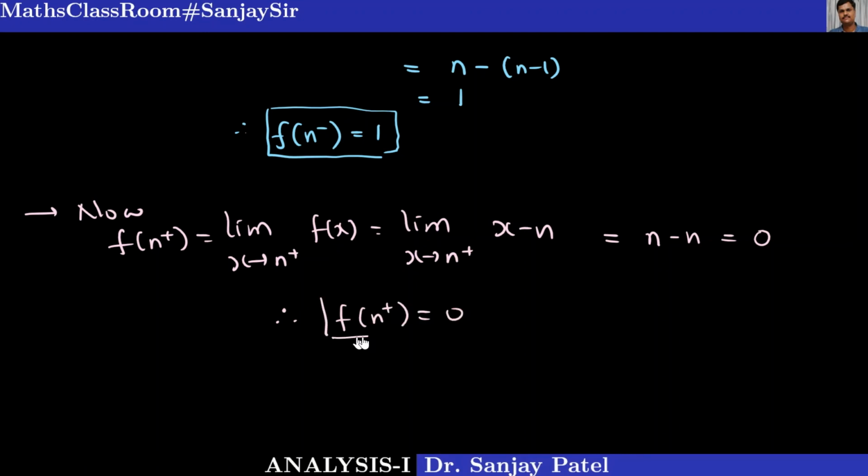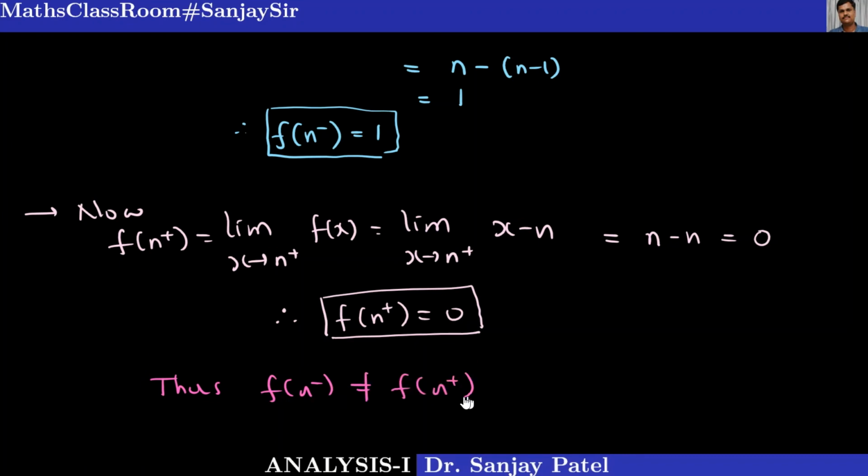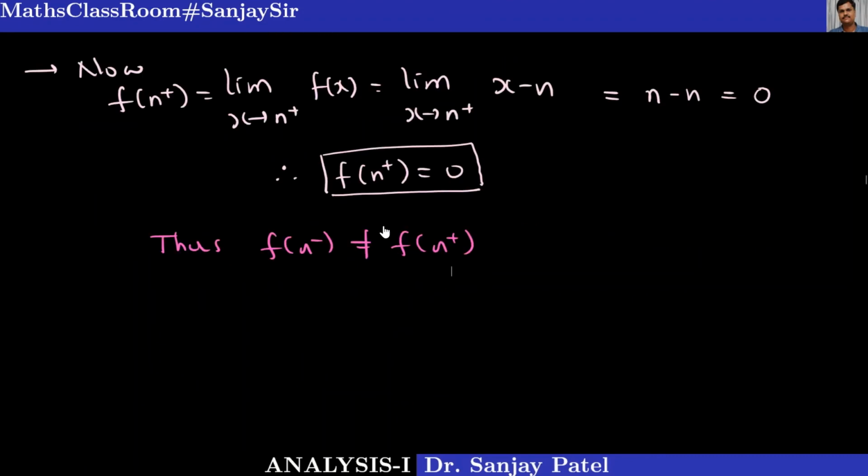So the right limit at n is 0 and the left limit at n is 1. So finally we have f of n minus is not equal to f of n plus, because the left limit is 1 and right limit is 0.